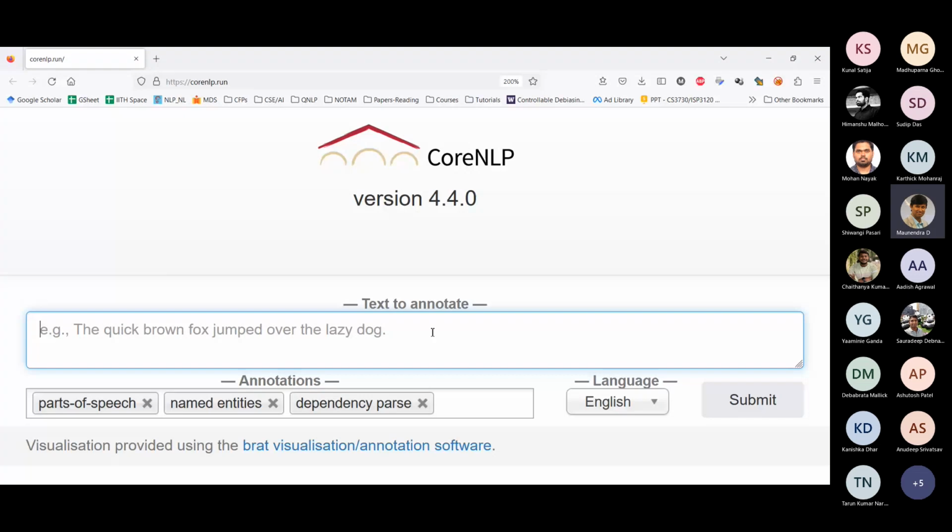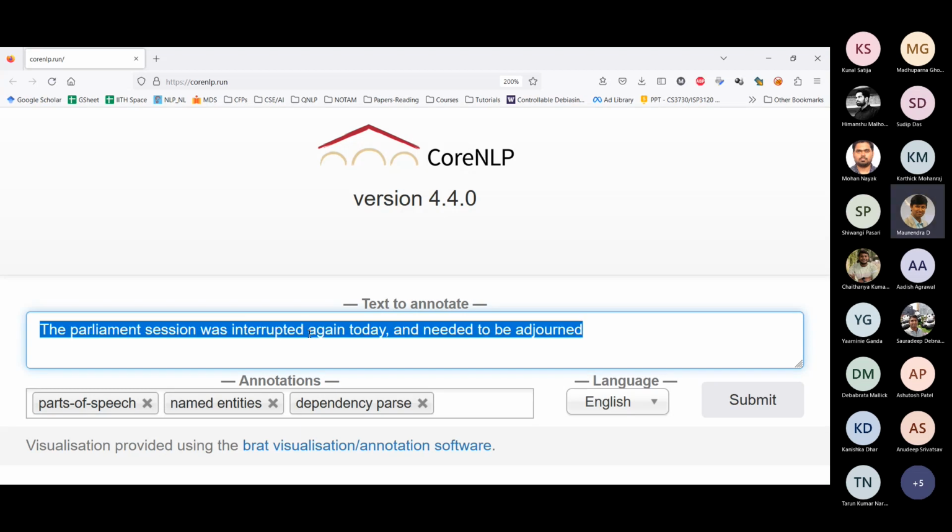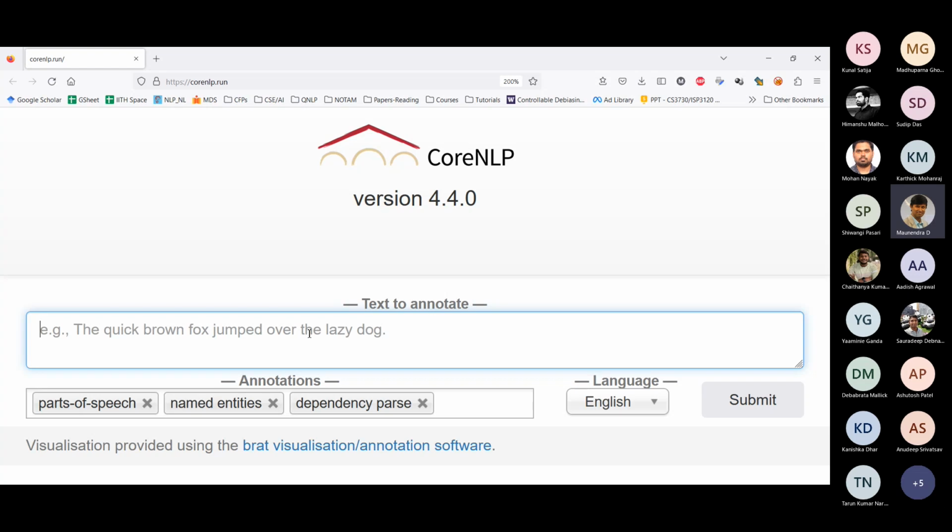Okay, let us think about a sentence. Maybe we'll start with a short sentence and then we'll go to a longer sentence.